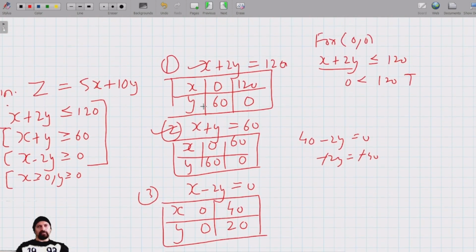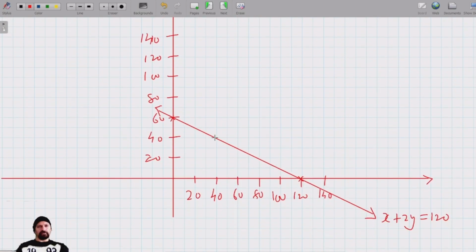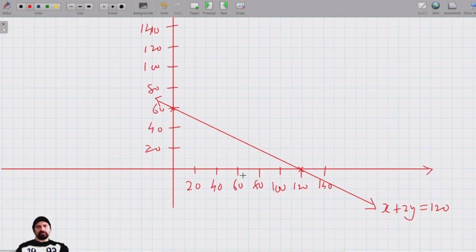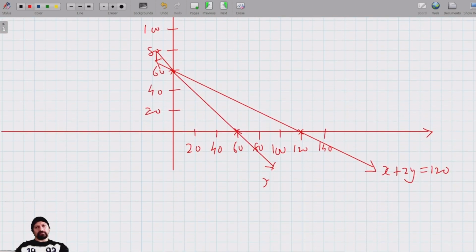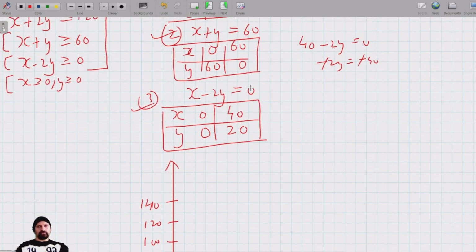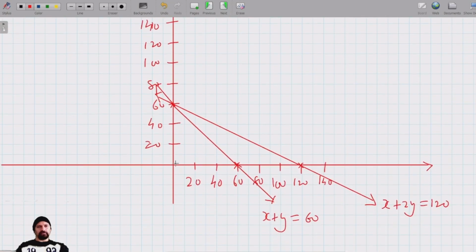For the second one, it's x plus y is equal to 60, so 0, 60 first is this, and then 60, 0, so the second point is this. If we join them, this is the graph of x plus y is equal to 60. The third one is x minus 2y is equal to 0. So it's 0, 0, going through the origin.